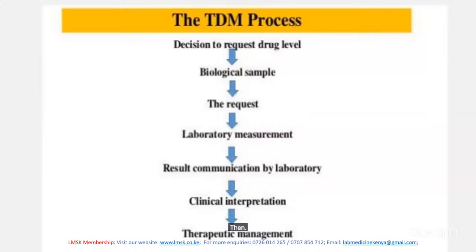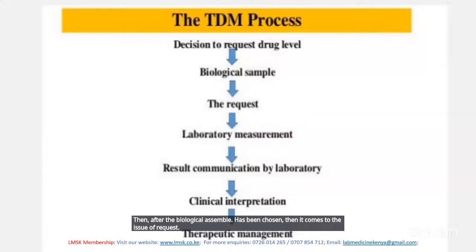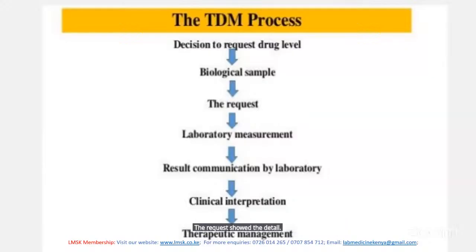Then after the biological sample has been chosen, it comes to the issue of request. The request should detail at what time of dosing interval the TDM should be performed. Then after the request, it comes to laboratory measurement.